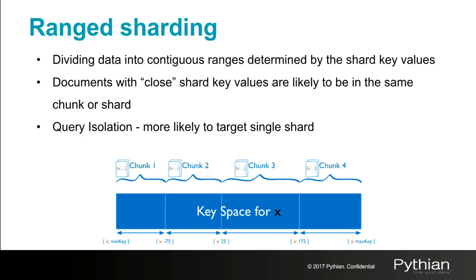So range-based sharding will work if we want to make sure our find operations will get their result set from a single shard, or we should be aiming to get the result set from a single shard.